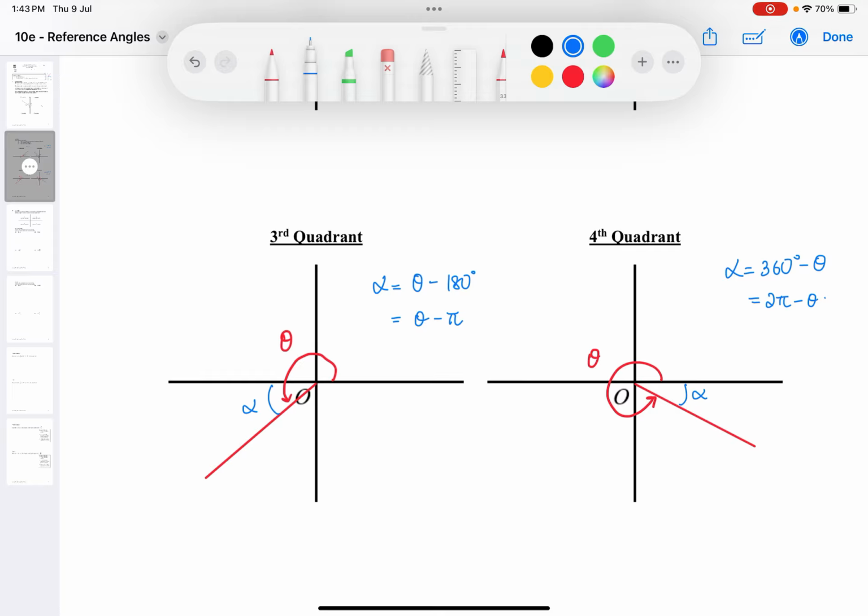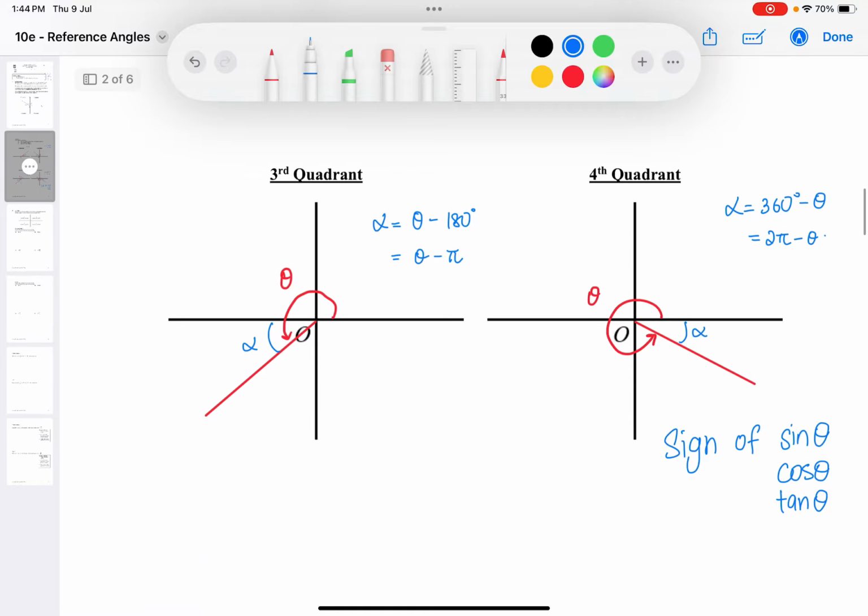We already covered these 4 quadrants yesterday, and I also used the graphs to show you that in the 4 quadrants, the sign of the sine function, cosine function, and tangent function changes.